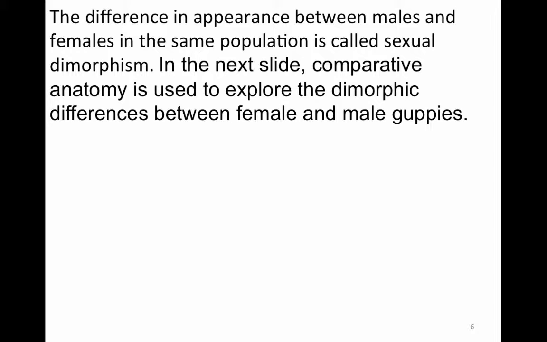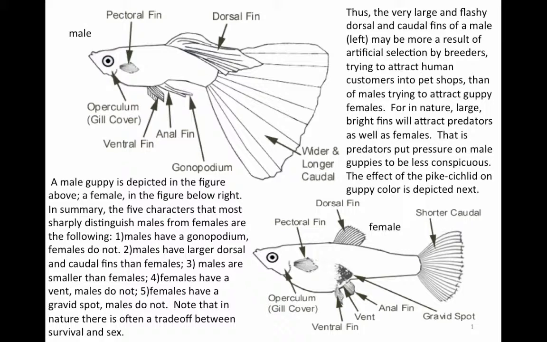In the next slide, comparative anatomy is used to explore the dimorphic differences between male and female guppies. Comparative anatomy, guppy dimorphism. A male guppy is depicted in the figure above, a female in the figure below right.